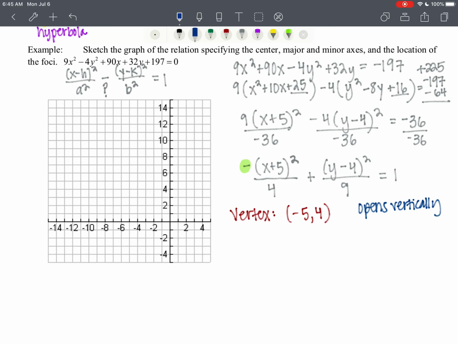Our major axis and our minor axis. So our major axis is going to be 3, and it is a y radius. The minor axis is 2, and it is your x radius.